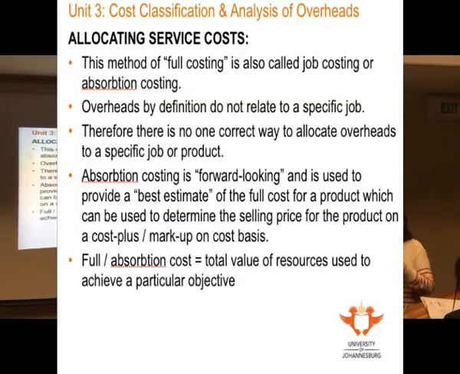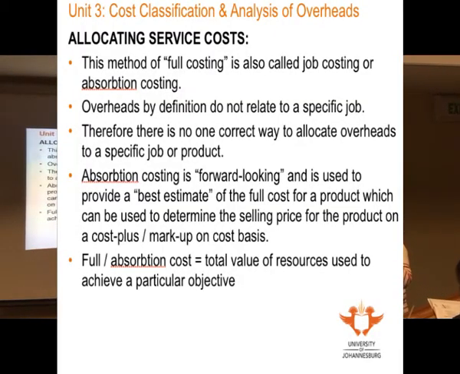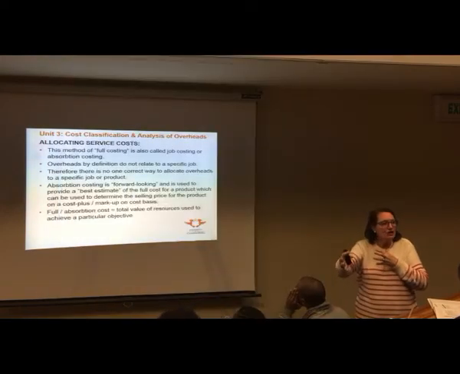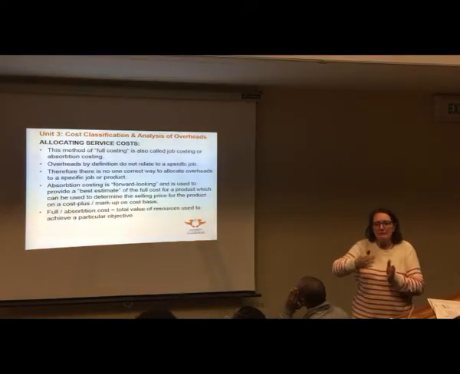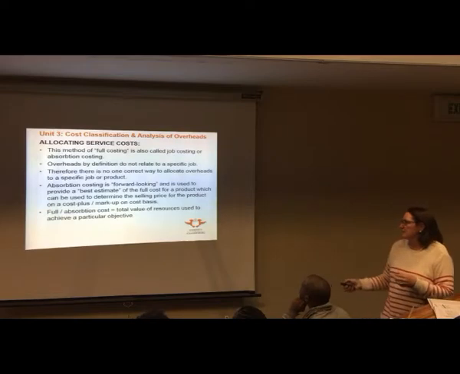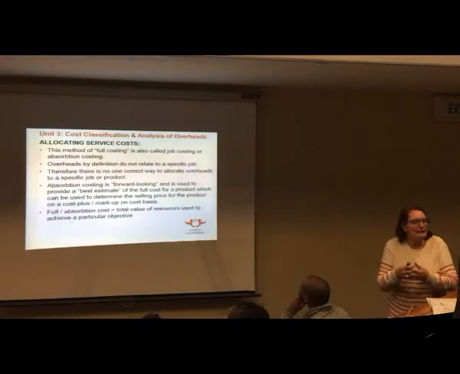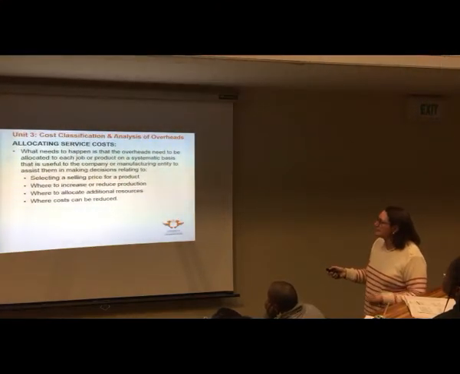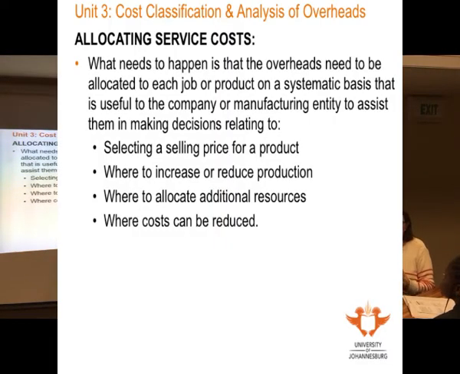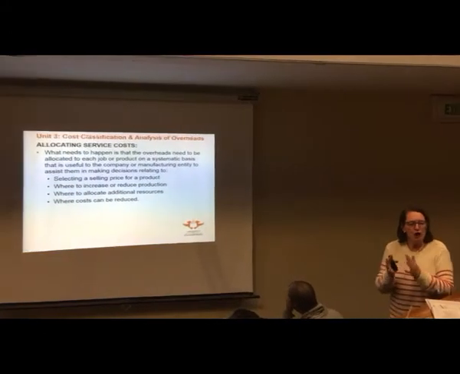So we have to do a best estimate. We're estimating what we think it's going to cost us, and we're allocating based on that. Right, and we use the costing in order to determine a markup. The overheads need to be allocated on a systematic basis, and there will be different bases, and some bases will be more logical.